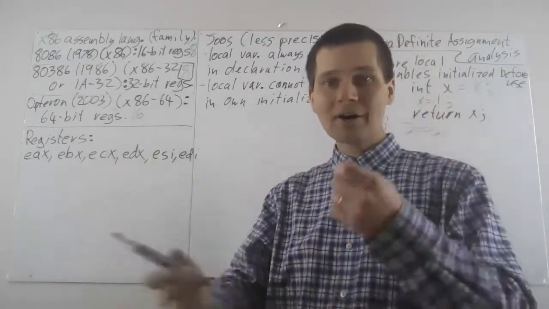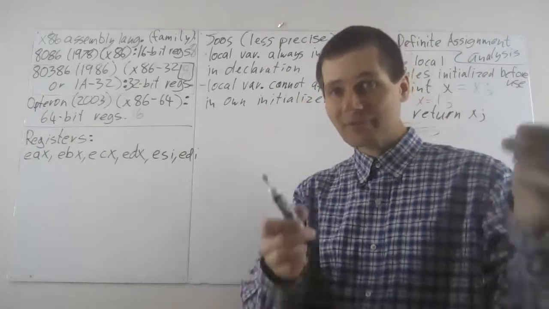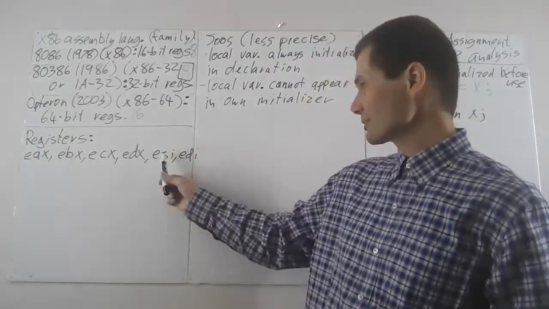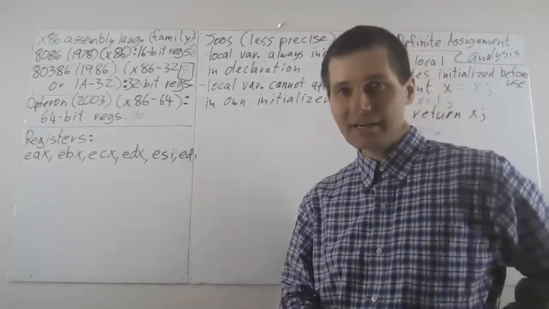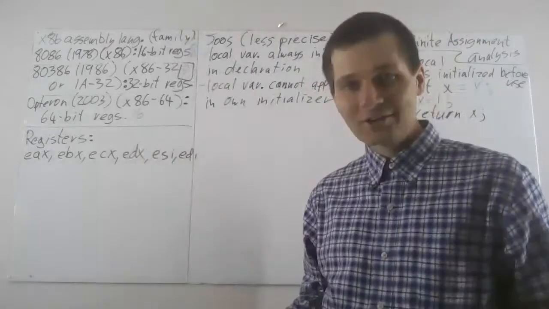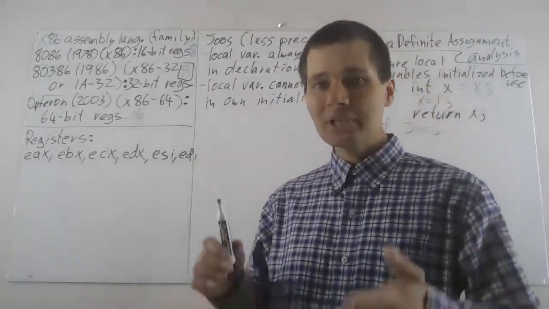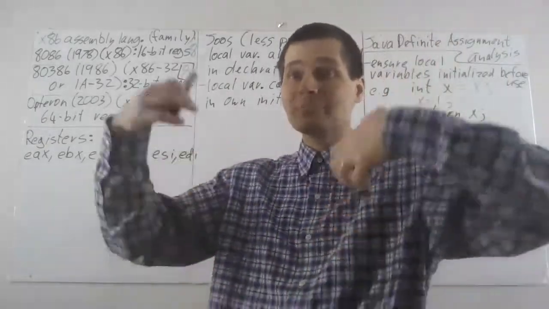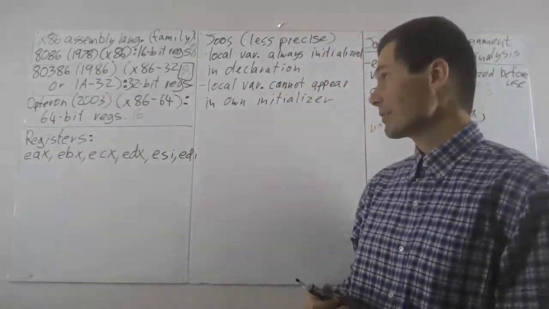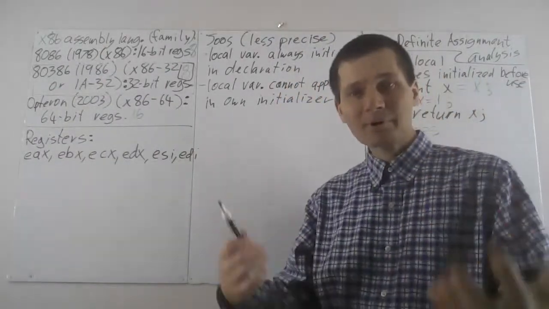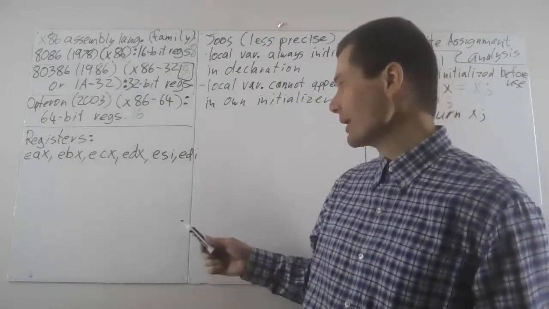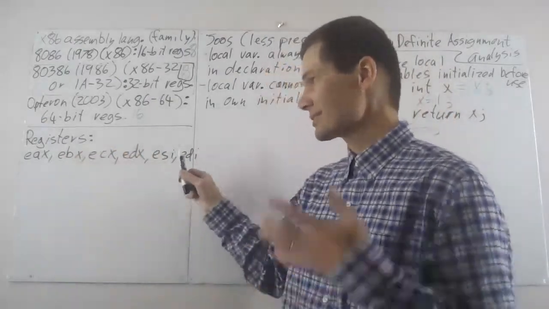Like if you were copying something from one array to another, you were supposed to use ESI and EDI. And there are other connotations with the names that again come from the fact that people used to write the assembly code by hand.